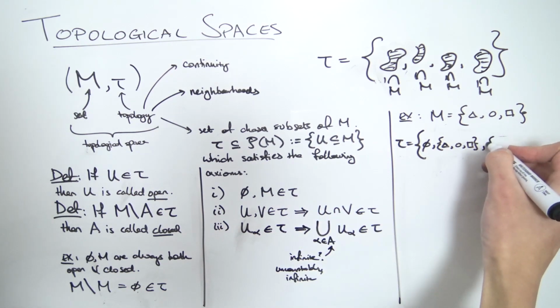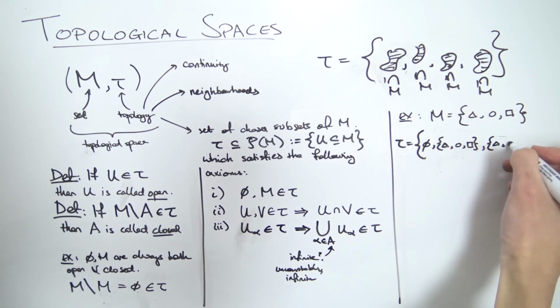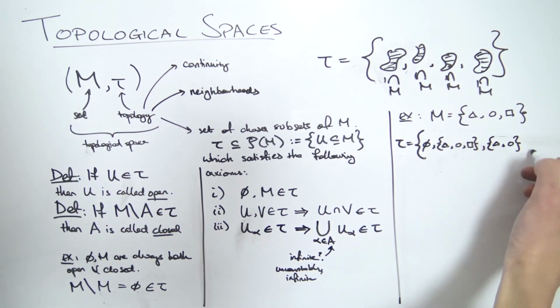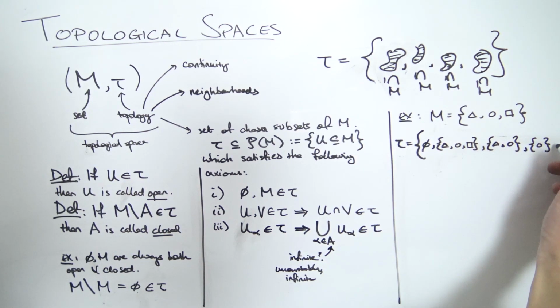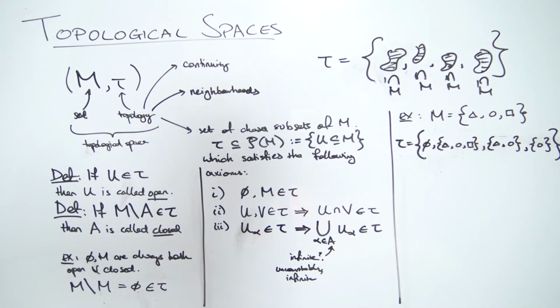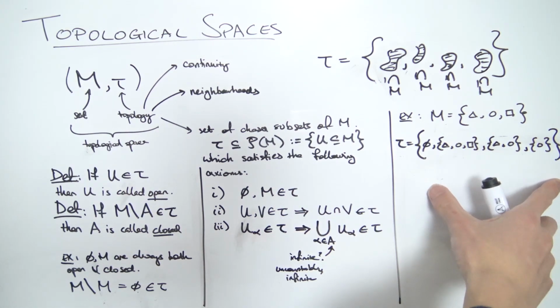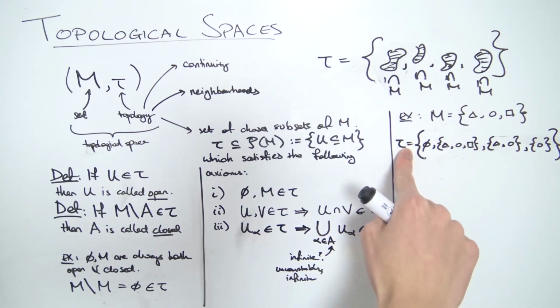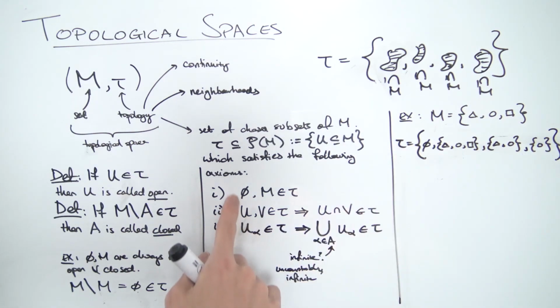So for example, we could also include a triangle and a circle in there. Maybe because we want to, we could also include a circle in there as well. And maybe we'll just finish off the list there. That's the topology that we choose. At the moment, this is just a collection of subsets. In order to ensure that this is indeed a topology, we have to check these three axioms. Of course, we check the first axiom.